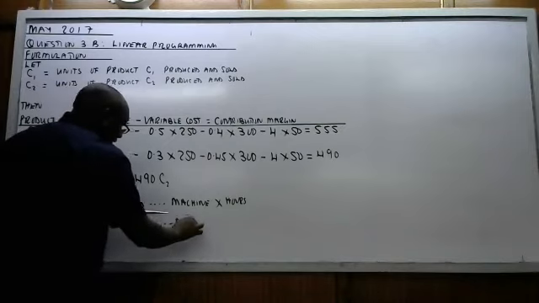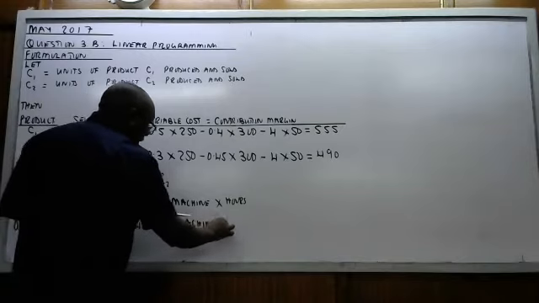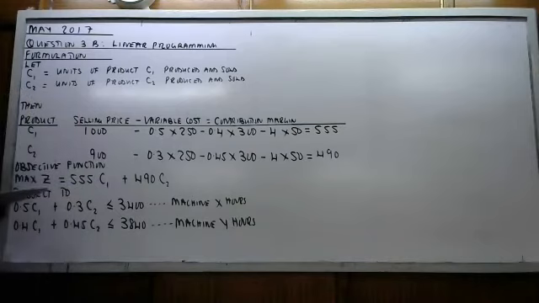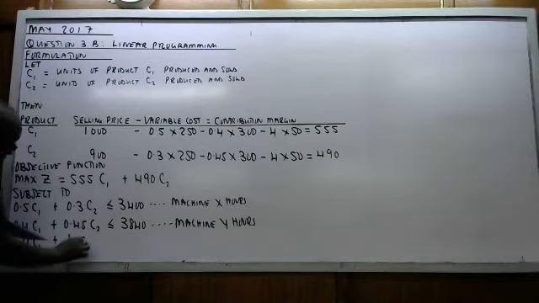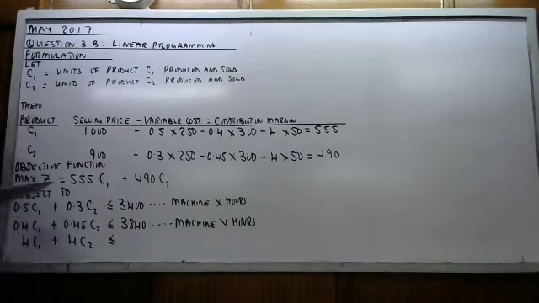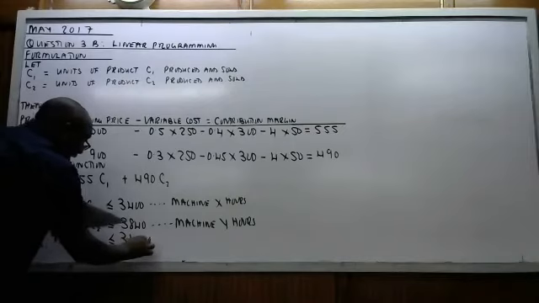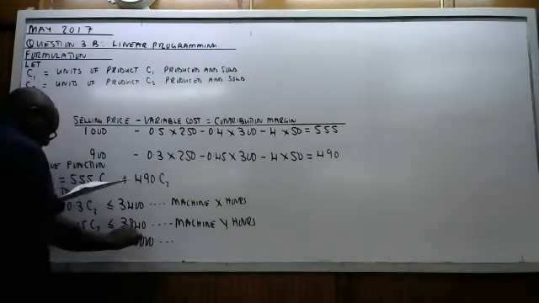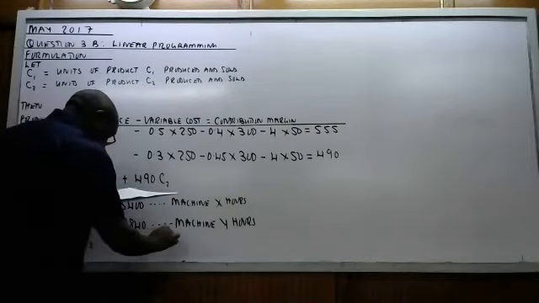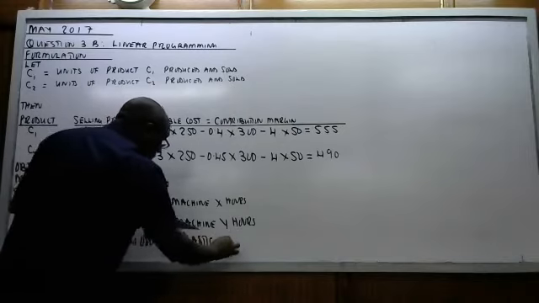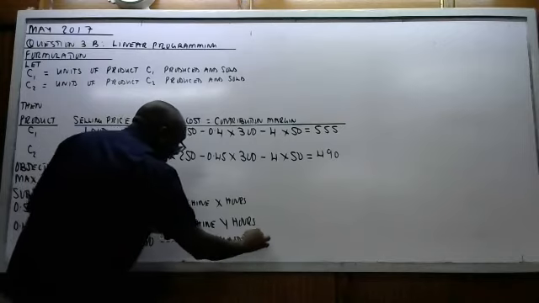And this is machine Y hours. Then 4 C1 plus 4 C2 is less than or equal to 34,000. And this is plastic waste in kgs.